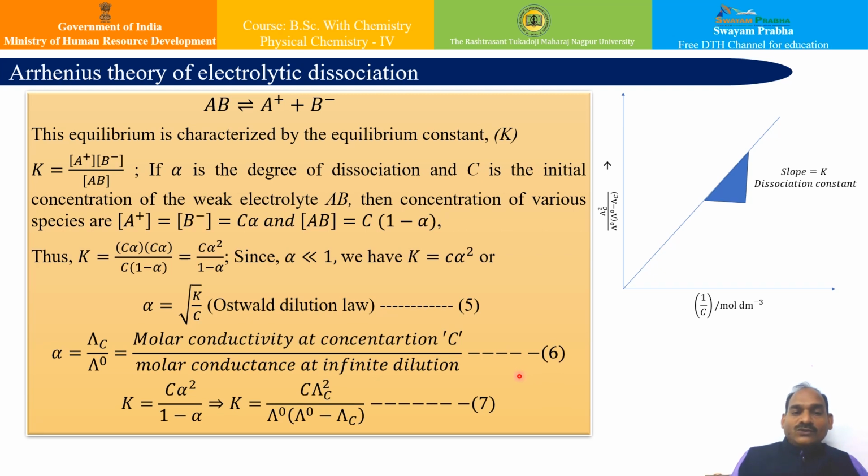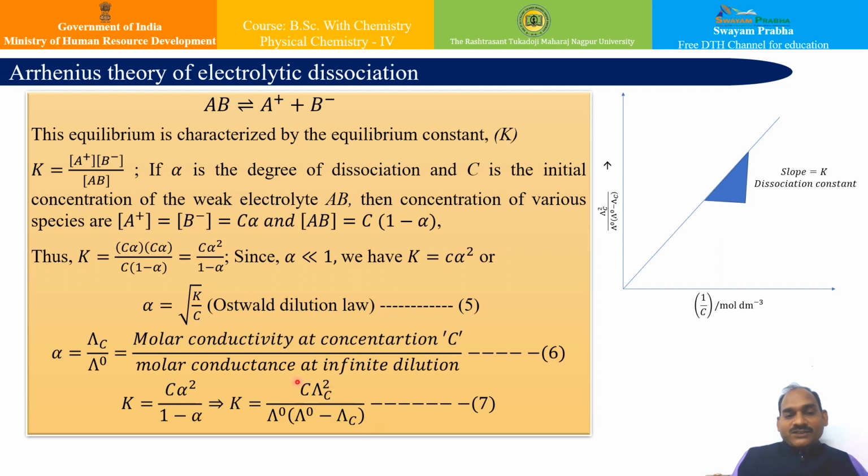And also, the equilibrium constant is given by K is equal to C alpha square upon 1 minus alpha. So I can rearrange it and find K is equal to C into lambda C square upon lambda 0, the conductance at infinite dilution, into the bracket of the difference of conductance at infinite dilution minus conductance at concentration C.